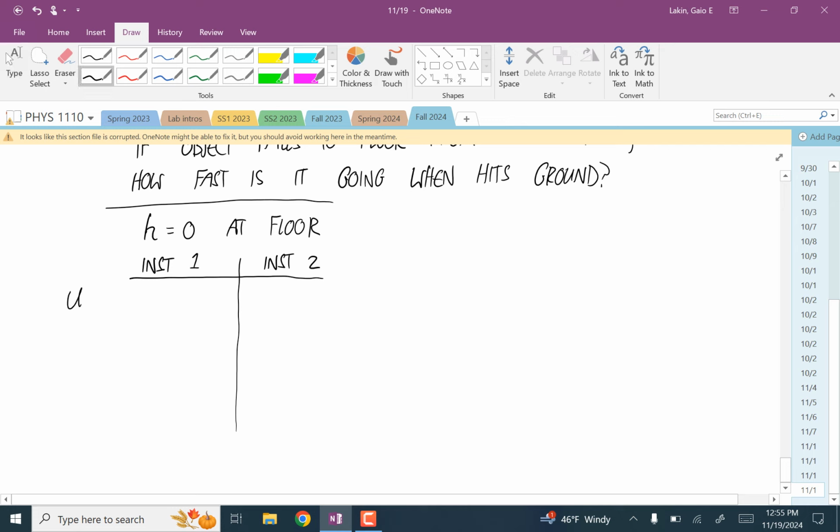So my gravitational potential energy is the mass of the object. I didn't give the mass of the object here, so I'm just going to put that in as an m. We're going to see that it cancels out, meaning the answer is the same for whatever mass you choose. Times 9.81 times the height, which is 4. And so we get a gravitational potential energy of 39.24 times the mass.